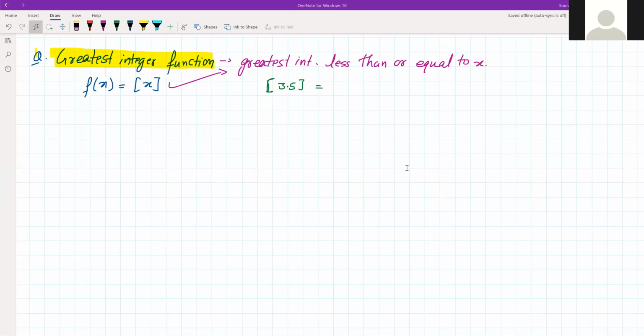Okay, no problem. Whoever is able to hear me can answer: what will be the result of the greatest integer of 3.5? The definition in purple is the real definition, that is, the greatest integer less than or equal to x.